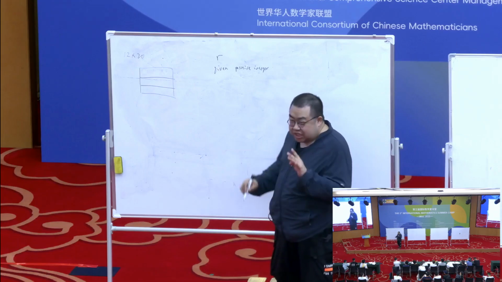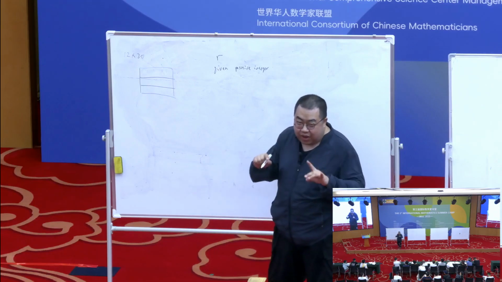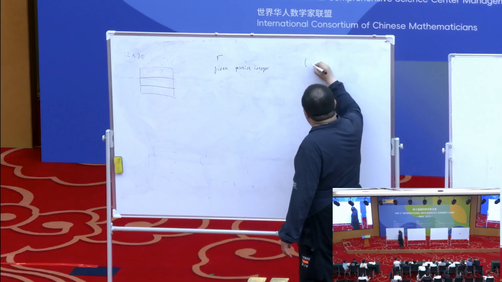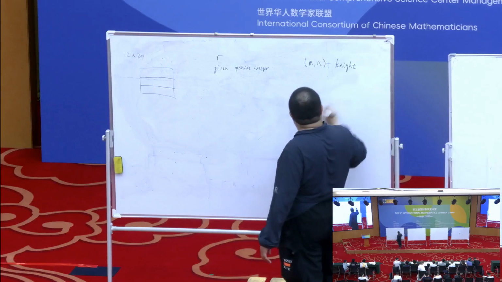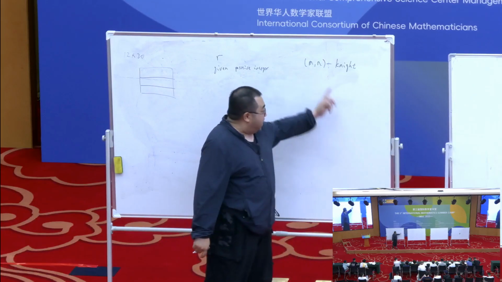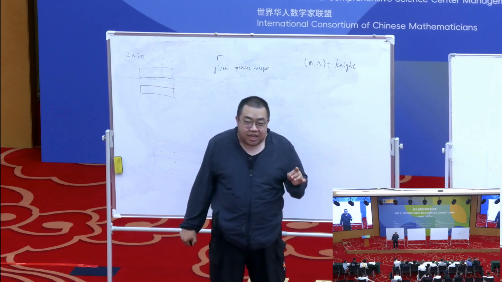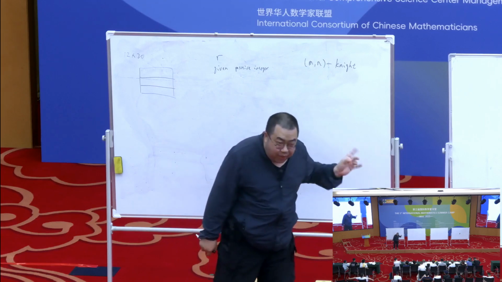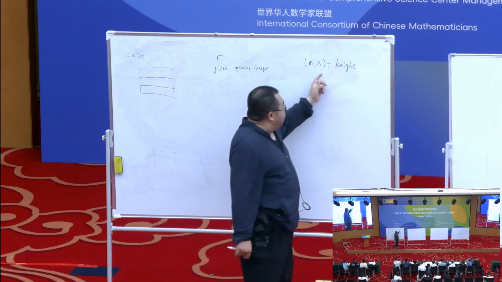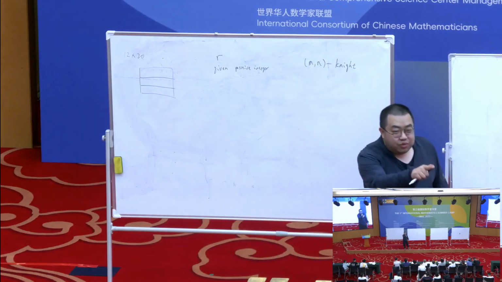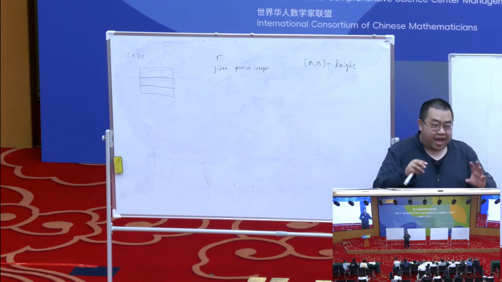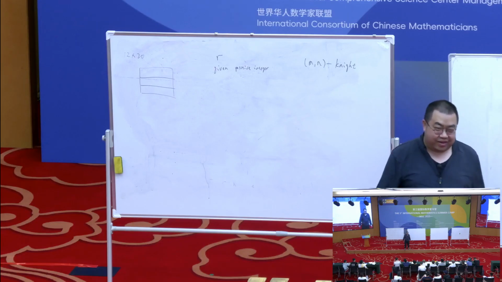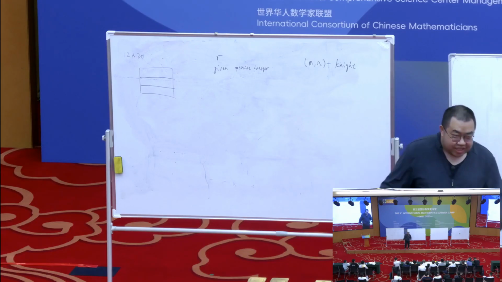So let me define a type of piece, which is called the MN knight. Here, M and N are distinct positive integers. And this piece moves M squares in one direction, and N squares in a direction perpendicular to it.